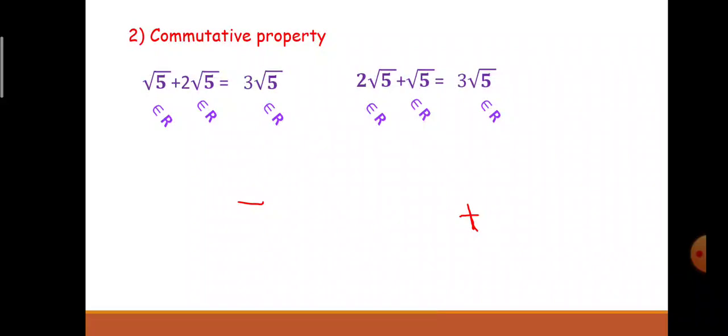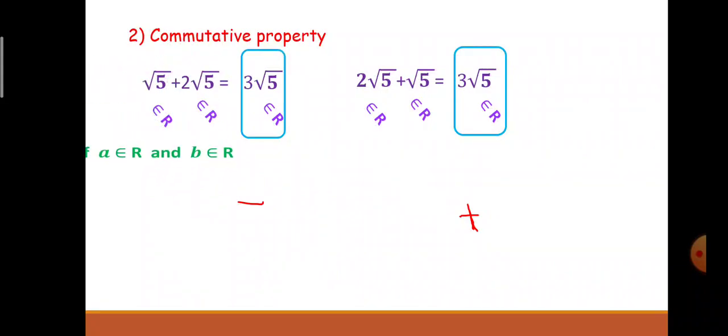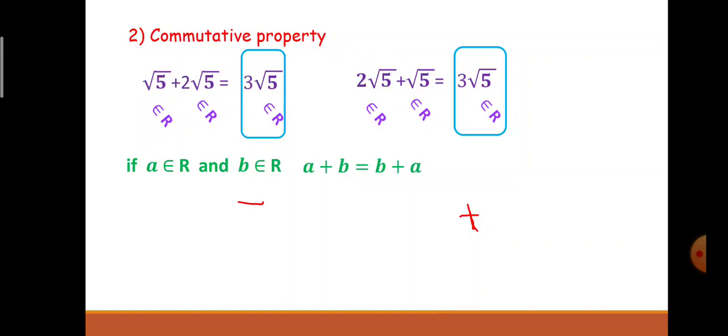After we change the place of each two terms, this property is called what? It's called the commutative property. So we know that if A belongs to R and B belongs to R, then A plus B will be equal to B plus A. Square root of 5 minus 2 square root of 5 will be equal to the sign of the greatest one, then subtract.